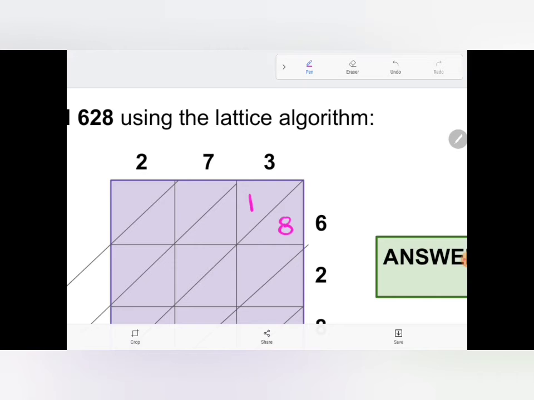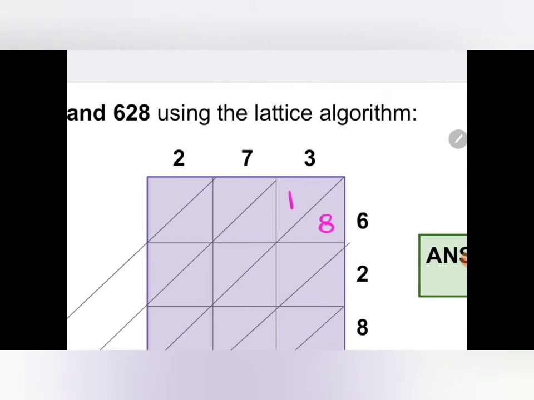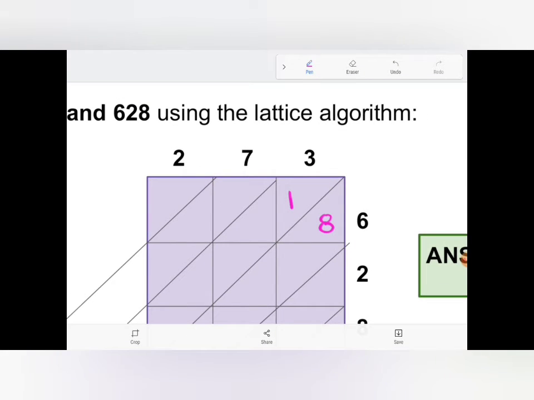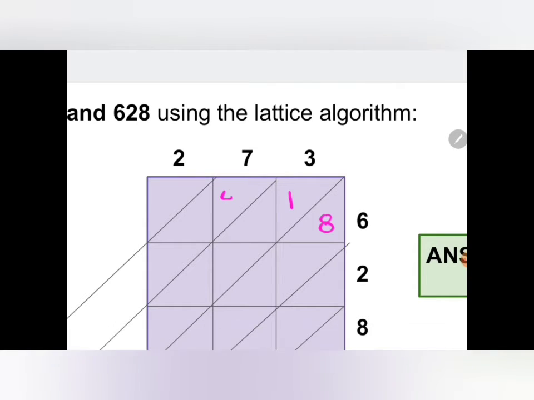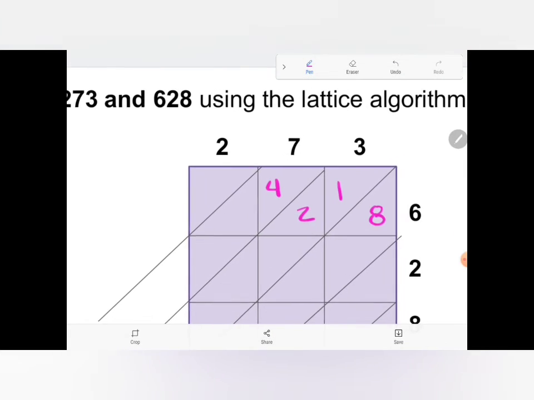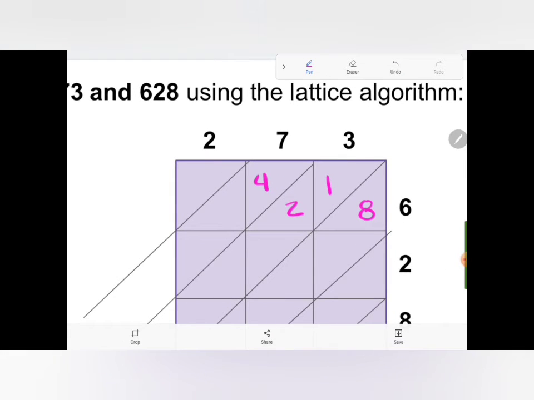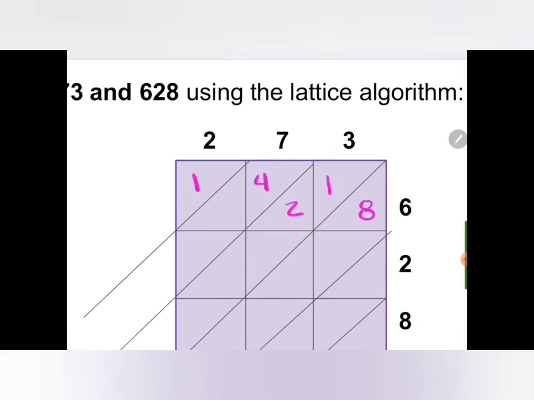Then for our middle section of our top row, we have 7 times 6, which is going to be 42. So we're going to put a 4 and a 2. And then for our upper left-hand corner of our puzzle, we have 6 times 2. Very simple. It's just going to be 12. We'll put a 1 at the top, 2 at the bottom.